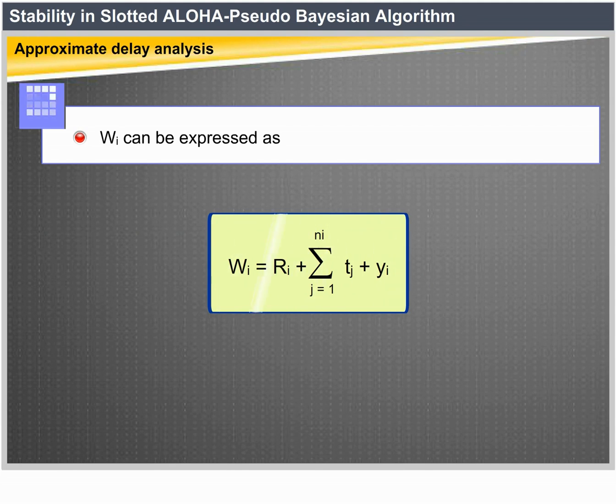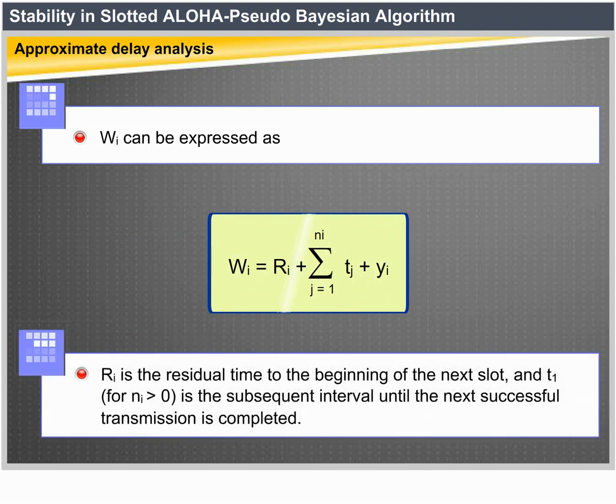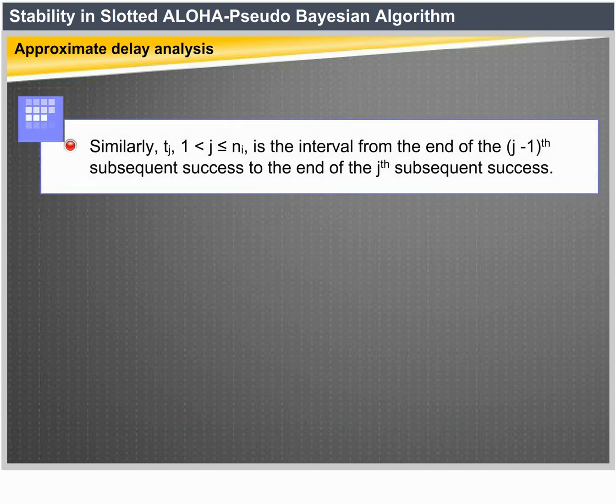R_i is the residual time to the beginning of the next slot, and T_1, for N_i greater than 0, is the subsequent interval until the next successful transmission is completed. Similarly, T_j, 1 < j ≤ N_i, is the interval from the end of the (j-1)th subsequent success to the end of the jth subsequent success.